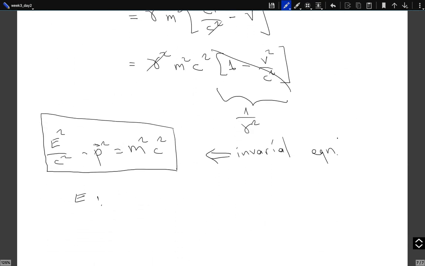But whatever the observer is, E changes from observer to observer, p changes from observer to observer, but as your friend had pointed out, this combination does not change from observer to observer. It's always the same for every observer. Just like, if you remember, we had looked at c times delta t squared minus delta r squared. This is also invariant.